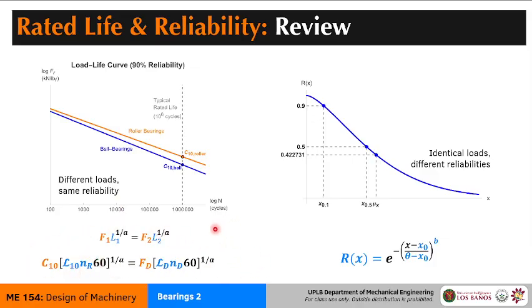So this is the first topic. The second one is reliability itself. This is the function that describes how much of a given batch will survive under different reliabilities. By default, the load line curves in the brochures assume 90% reliability.